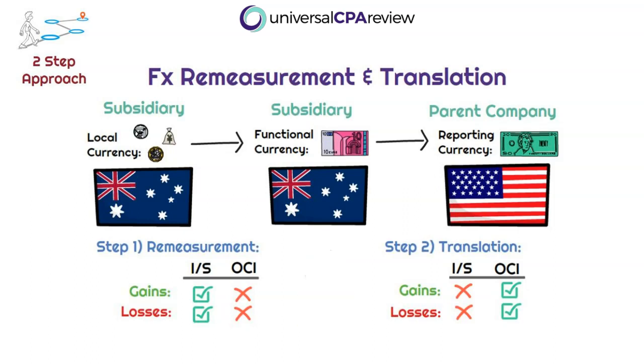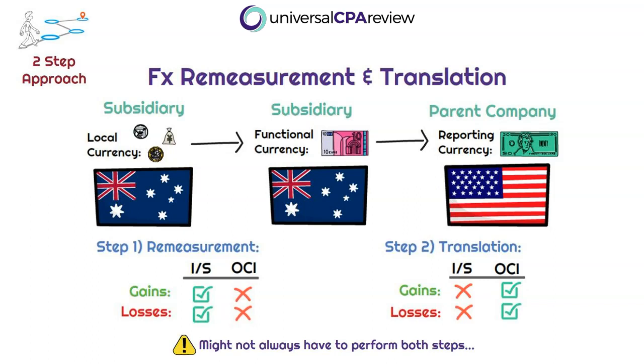Now, this is a perfect situation where we have to do both remeasurement and translation. But this is only the case because the subsidiary's accounting records are in a local currency, which are different than the functional currency, and then the functional currency is different than the reporting currency. Now, if either of those were not the case, then we might not have to remeasure or we might not have to translate, right?